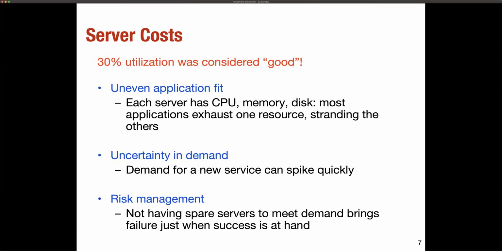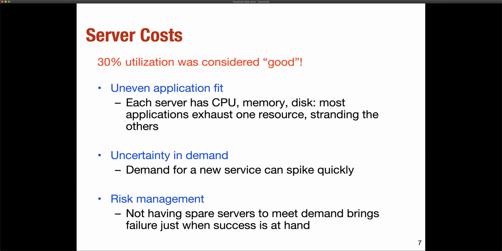Each server has CPU, memory, and disk, but most applications were exhausting just one resource, and the others were stranded, right? In general, there was more of a one-to-one mapping between applications and servers, and that was not very effective because these applications were exhausting just one resource. Some applications were memory intensive, so they were exhausting just the memory, but the disk and the CPU were underutilized. So this type of uneven matching of applications to compute resources was one factor.